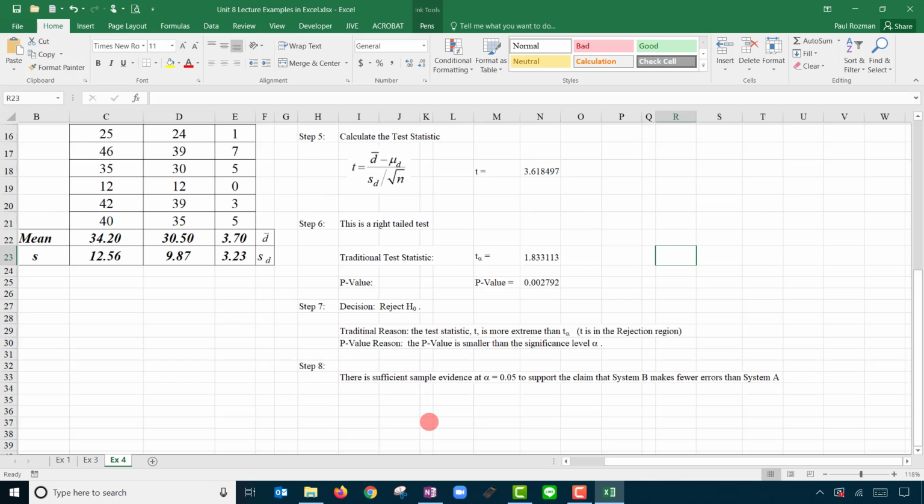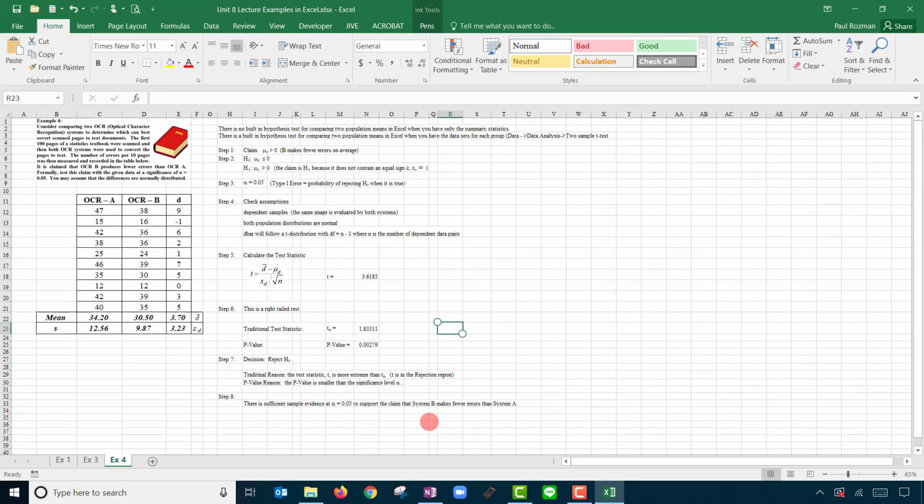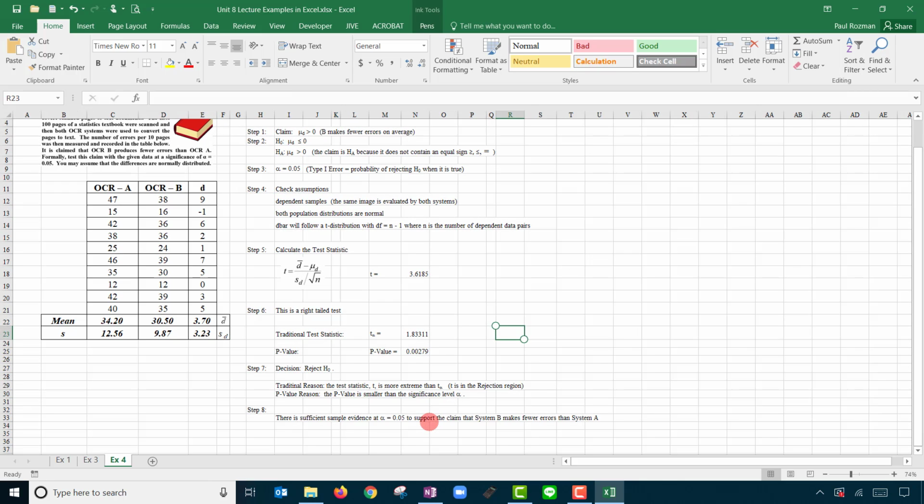I think Excel might have an add-in that will do this directly for us without having to do these functions. Let's take a look.